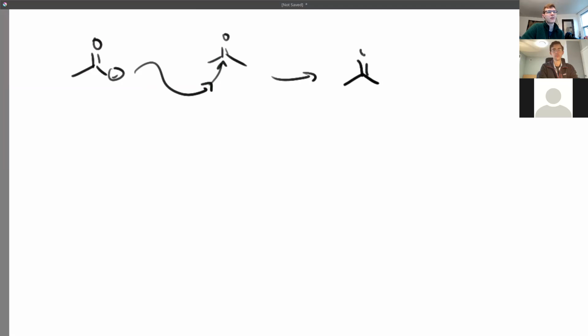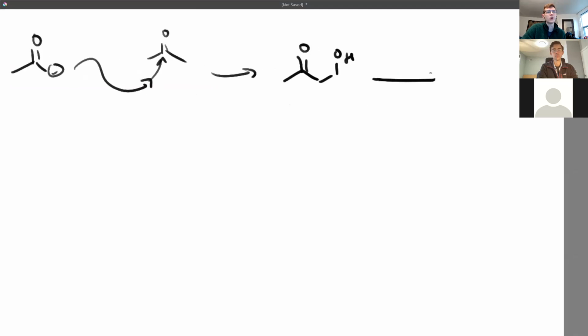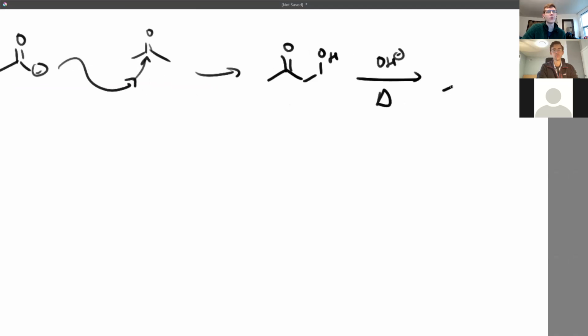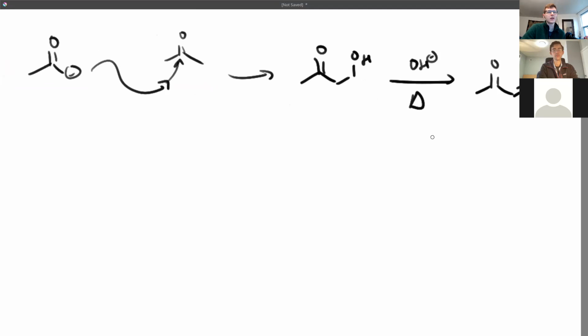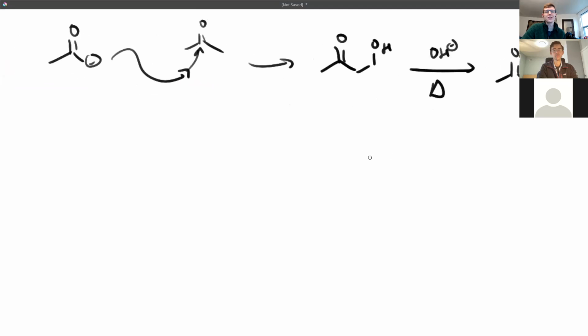And then at the end of the day, you get this alcohol. And they even teach you, if you blast this thing even harder with more base, then you'll wind up making it into a double bond. This is the entire idea, everything that this whole chapter is based around. And if there's any one pathway to know, it's this.